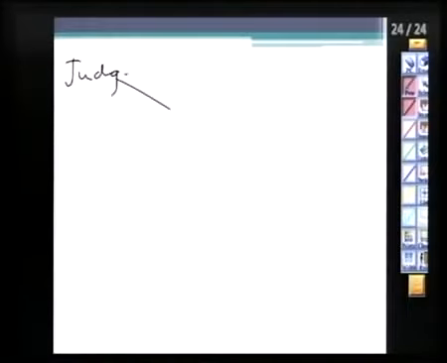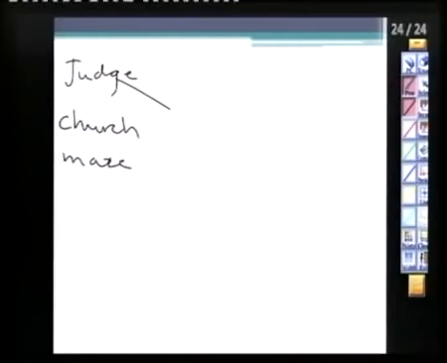Okay. So you do have a word like judge. Sorry about this. And then you have church, then you have maze. Let's say a word like bus. Yeah? If you want to have the plural of these words, what is the plural of judge? Judges. You're going to have a schwa plus a zah sound.